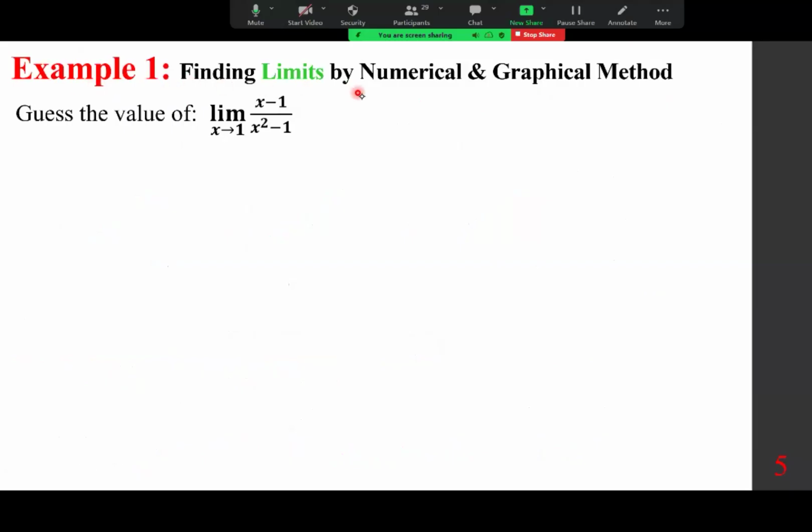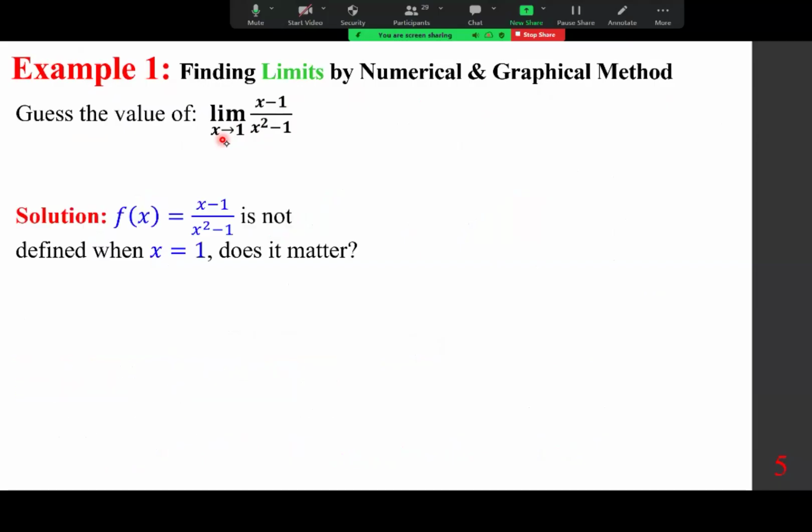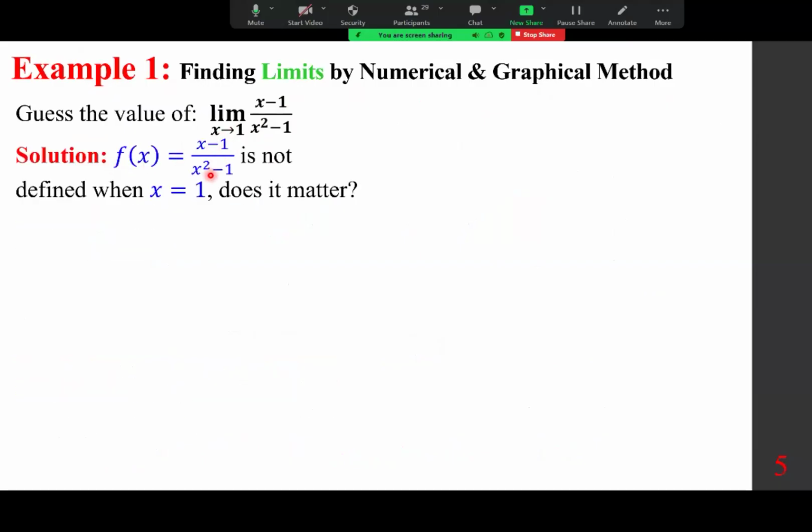Example 1, finding limits by numerical and graphical method, and I'm going to add the analytical or algebraic method as well. Guess the value of the limit of x minus 1 over x squared minus 1 as x approaches 1. Notice f of x equals x minus 1 over x squared minus 1. This expression is not even defined when x equals 1. Does it matter?